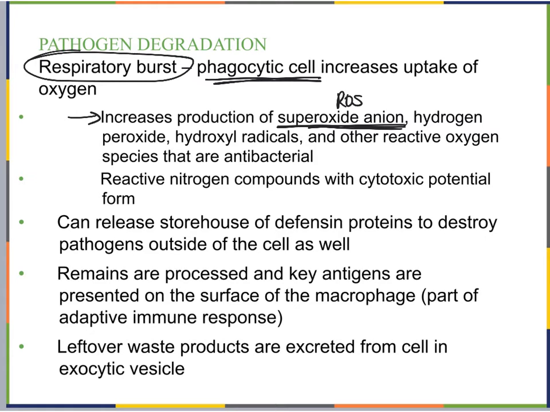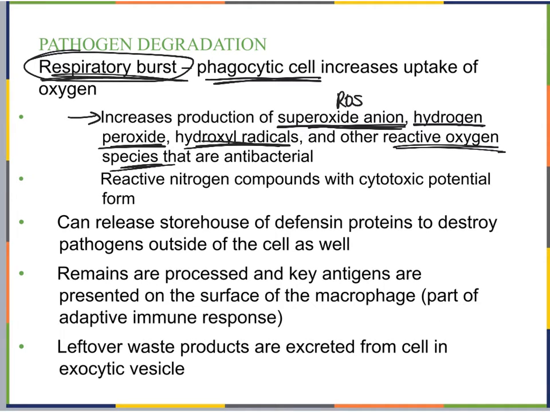We just said that it's going to utilize those reactive oxygen species to try to destroy the pathogen. So in order to make these reactive oxygen species, like the superoxide anion, as well as hydrogen peroxide and hydroxyl radicals, we have the decrease in pH which activates these things, but in order to have these things, we need to have the oxygen to make them, which makes them reactive oxygen species.